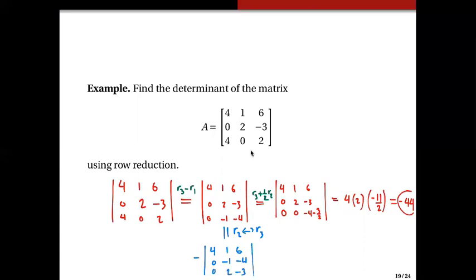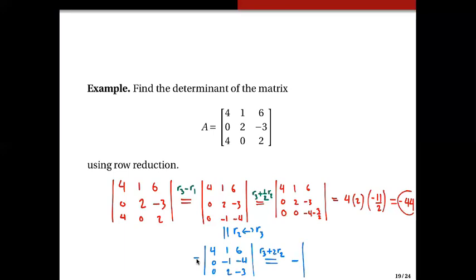And then we can make this 0. To make that 0, we'll just have row 3 plus 2 row 2. The determinant will not change, but the negative is still there because of this negative here.